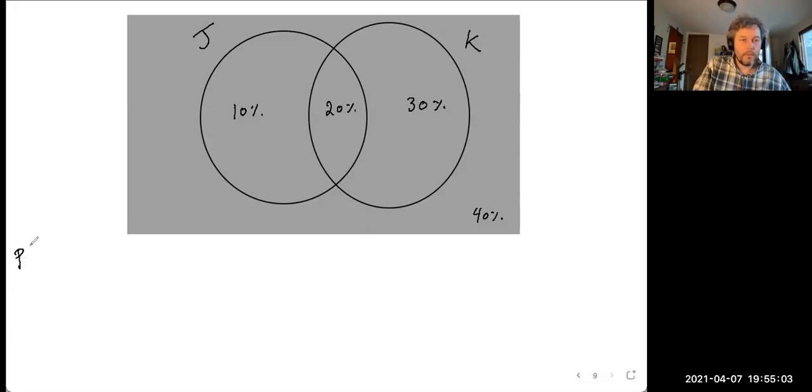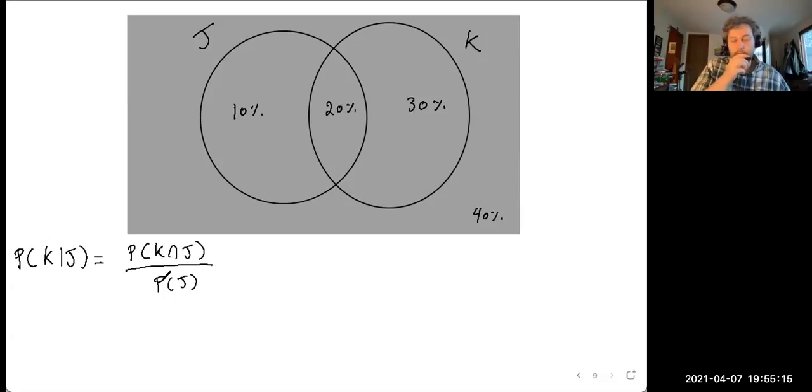Let's find the probability of K given J. That's the probability of K and J over the probability of J. If you guys have noticed yet, the second one always goes in the denominator.